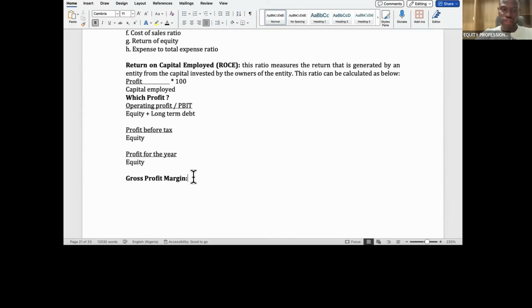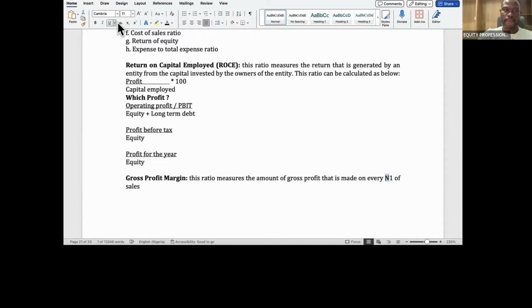Now, the next ratio is gross profit margin. What this ratio measures simply is the amount of gross profits that is made on every naira of sales.